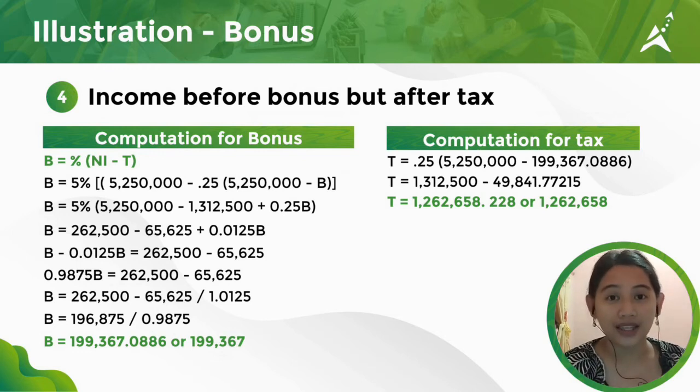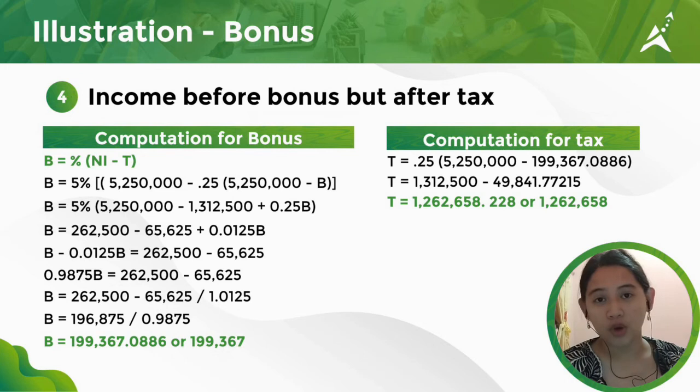That's why, mas malaki talaga yung bonus na makukuha niya. Compared in other variations of bonus wherein, yung mismong net income ng entity is mababawasan pa. Mababawasan pa siya ng bonus or ng tax or pareho bago natin i-compute yung base natin sa percentage of bonus, which is yung 5%. Kaya mas mababa talaga yung makukuha niya.